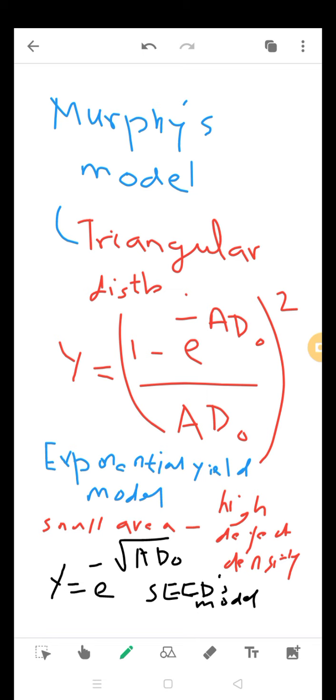Okay, so we have got three models: the Poisson's model, the Murphy's model, this is number 2, and lastly the seeds model or exponential model. So these are the three models.